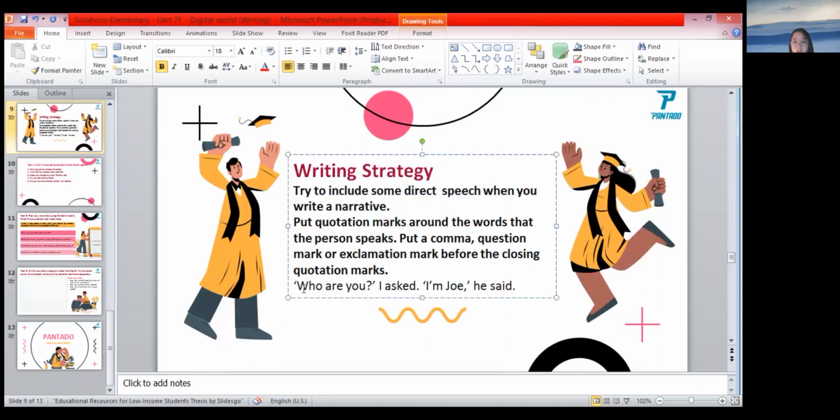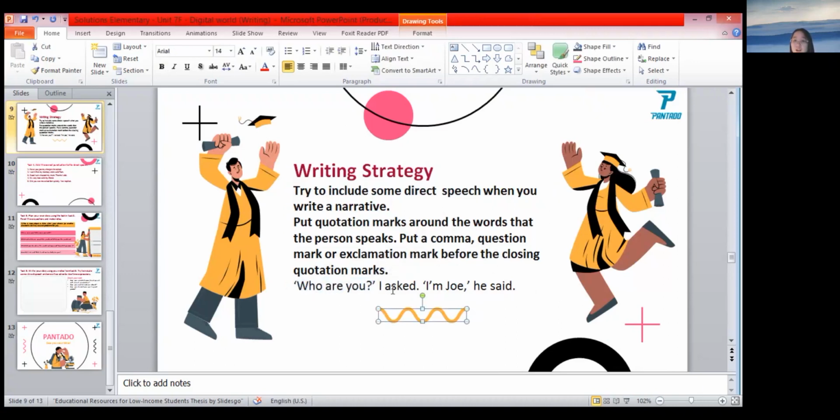For example, these are the quotation marks. Because we are learning how to write a narrative, we need to use the quotation marks and the question mark, the exclamation mark, like the conversation in the past. Okay, so this is the quotation mark, and you use it for the words of the first speaker.